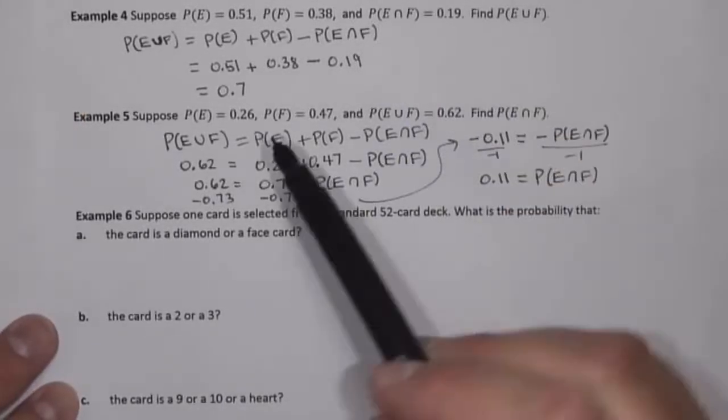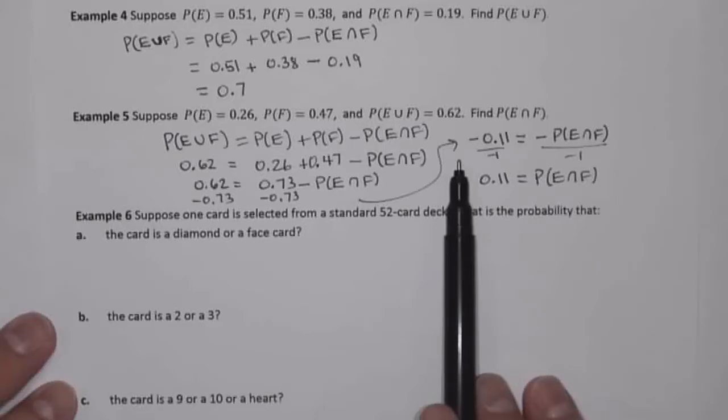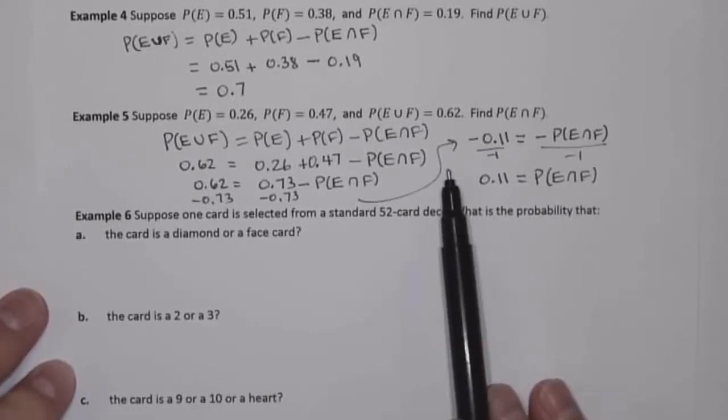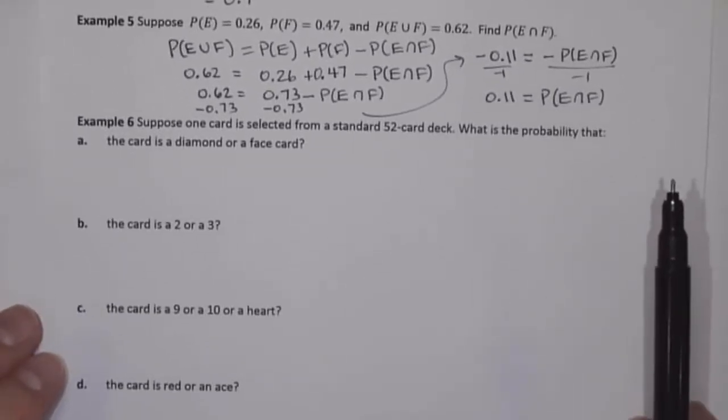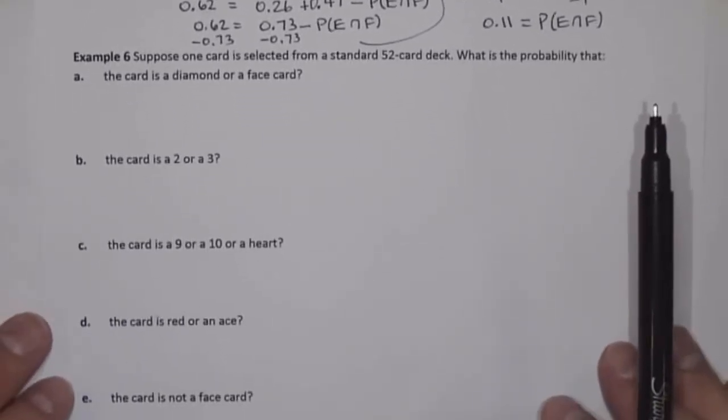So again, we're just using our probability rule for the union of two events. Now let's apply that to a scenario. Take a look at example 6.